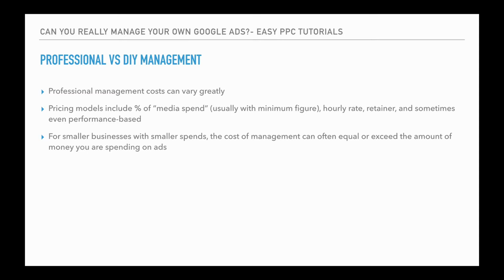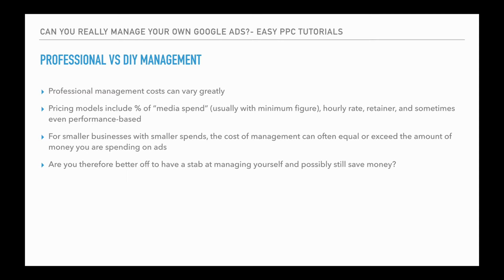And in that situation, it's sometimes better to do it yourself, simply because you can divert more ad spend back into the campaigns rather than paying for management. So are you better off to have a stab at managing it yourself, and then you basically benefit from the extra clicks you can get.